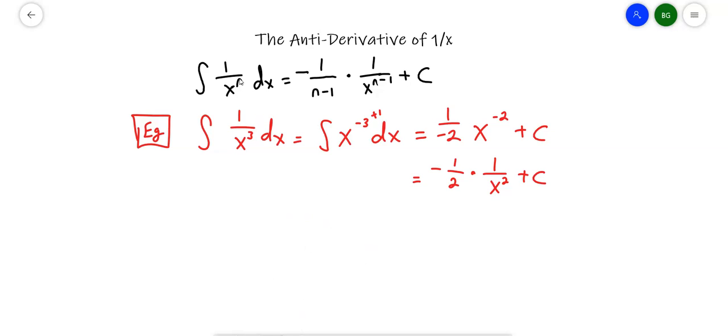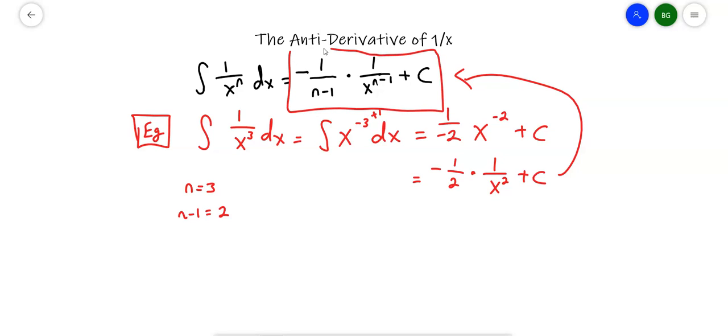In our case, n was 3, which means n minus 1 is 2, and you can see that's going to exactly match the general template that we see right here. So that's our general template. And of course, you don't have to separate your factors like that. You could write it as negative 1 over 2 x squared plus c like so.